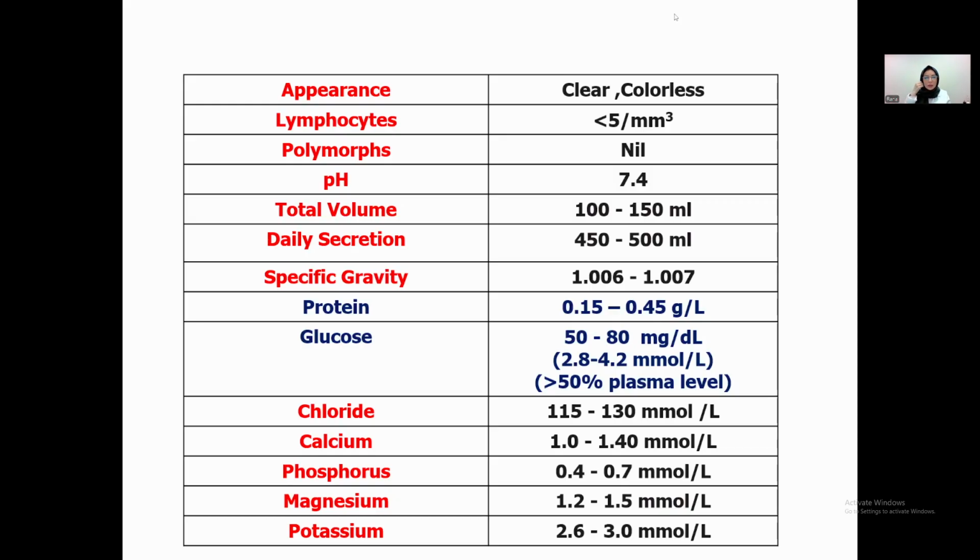Usually we will say we have protein high, glucose low, or vice versa, but there's no need to know numbers here. Just know that chloride is usually higher in the CSF than in the blood, and glucose in the CSF is 2/3 of the blood concentration, less than in the blood, I mean.